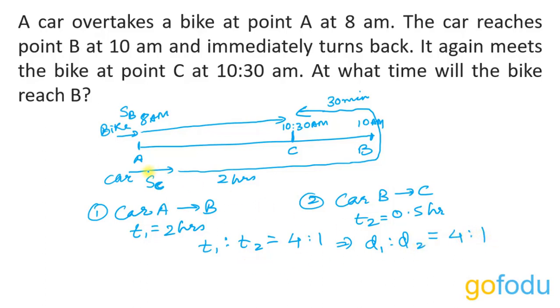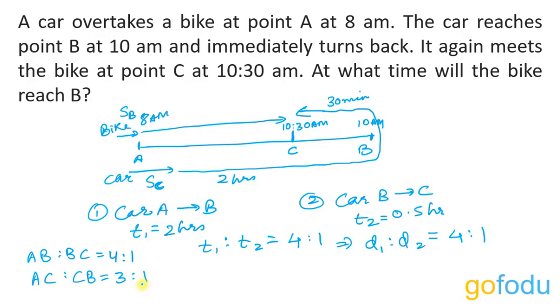We can say AB to BC is 4 to 1. That means AC to CB would be 3 to 1. This BC part is 1, AB part is 4, so the AC part would be 3. AC to CB is 3 to 1.